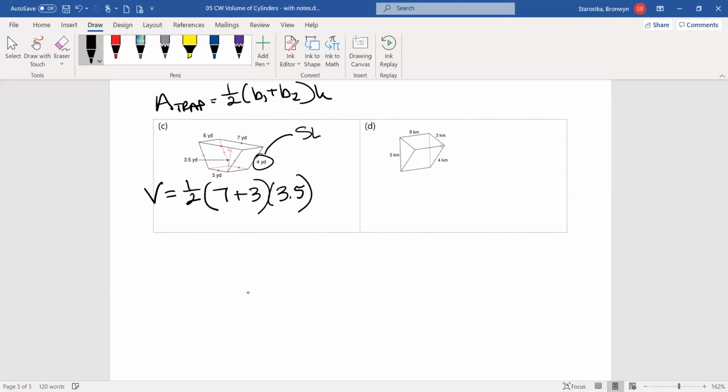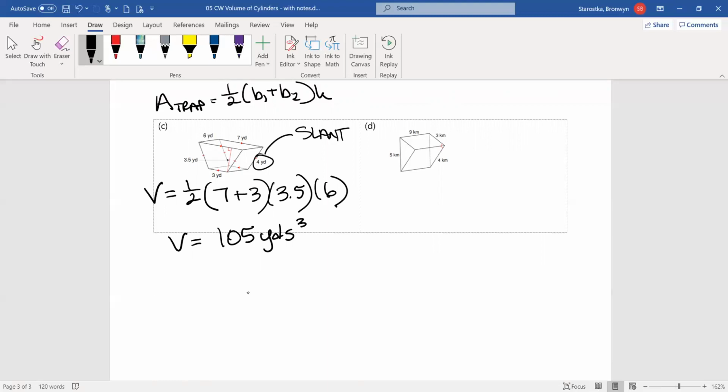That's our slant height. So it must be 6. Plugging into our calculator, volume is 105 yards cubed.